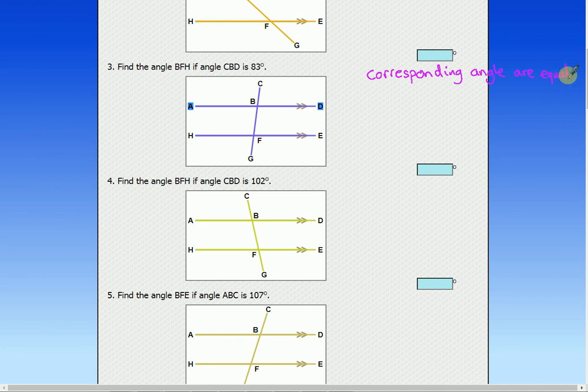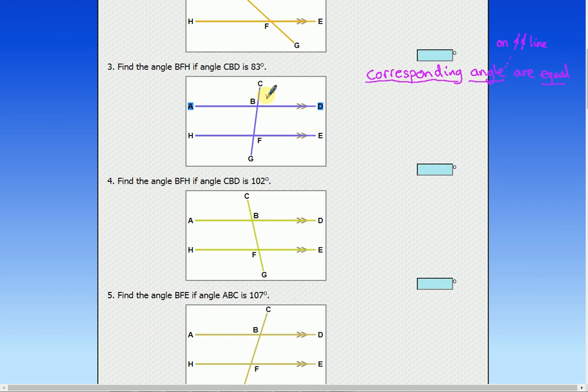So if you're ever asked to describe the situation, corresponding will not give you enough. Are equal isn't better. And if you say corresponding angles on parallel lines, you've got a full description. That's perfect.